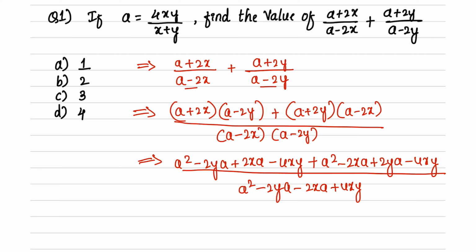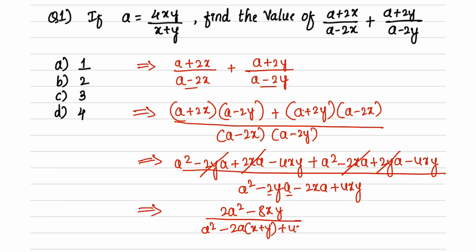So here you can see minus 2ya plus 2ya plus 2xa minus 2xa will get cancelled and you will be left with 2a square minus 8xy, and in the denominator a square minus, if you take minus 2a common, x plus y will remain, plus 4xy.